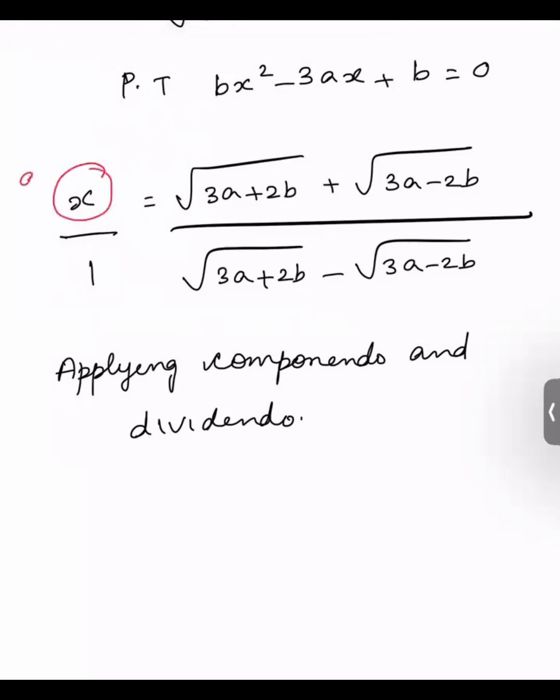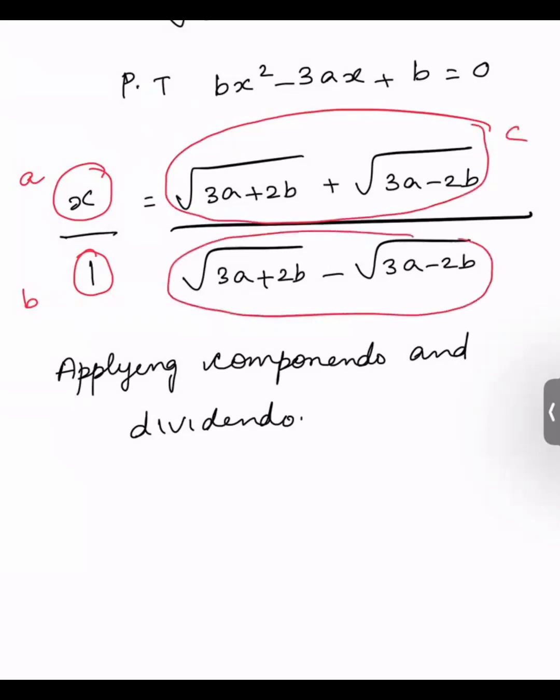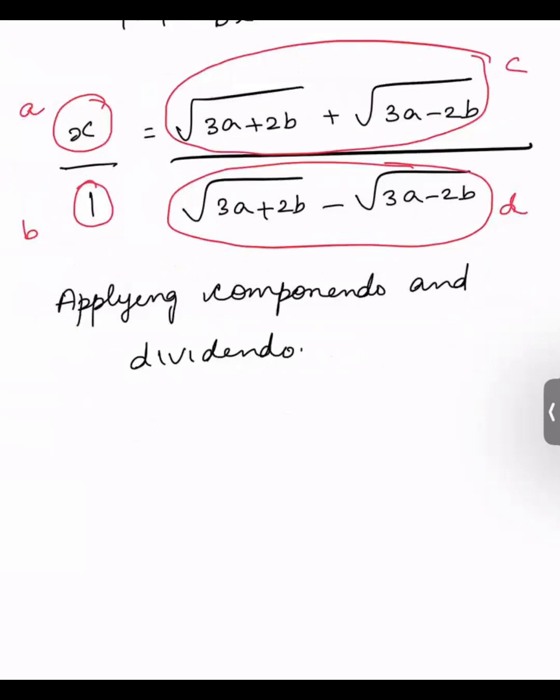This is A, this is B. This entire thing can be considered as C, and this entire thing can be considered as D. X plus 1. Okay, so I'm going to write x plus 1. This is equivalent to A plus B divided by A minus B. A minus B means x minus 1.